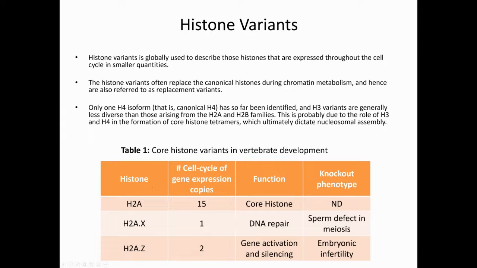For example, the regular histone H2A, we have 15 copies, and that's a core histone. Then we have the variant H2AX, with 1 copy, responsible for DNA repair, and H2AZ, with 2 copies, for gene activation and silencing. So this is just to show you that the variants have different functions.